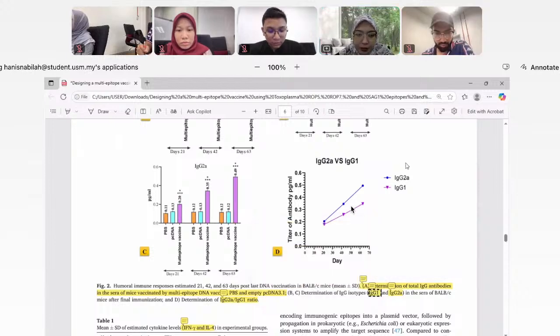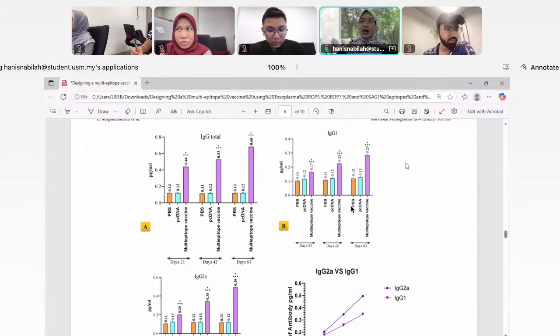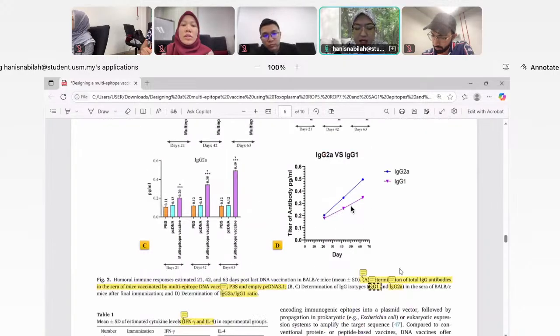Can you repeat that again? IgG1 is for antibody-mediated. IgG2a is TH1, cell-mediated response. Okay. Thank you.